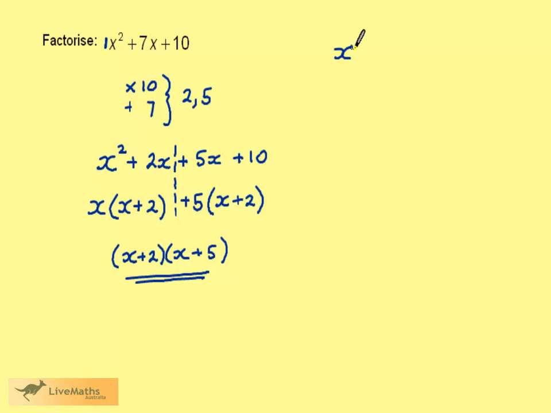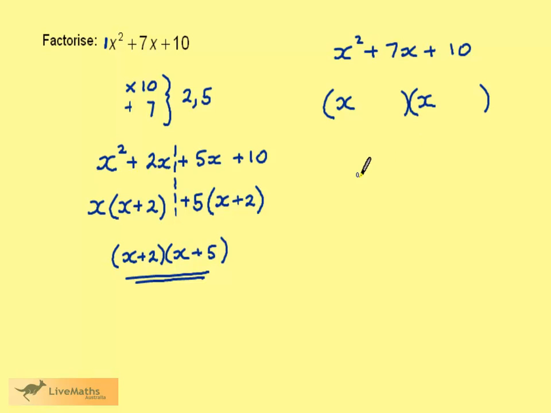The second method is more direct and can be very quick with practice, especially for simple examples such as this one. We write down a pair of brackets. For an x squared, we must have an x in each bracket.